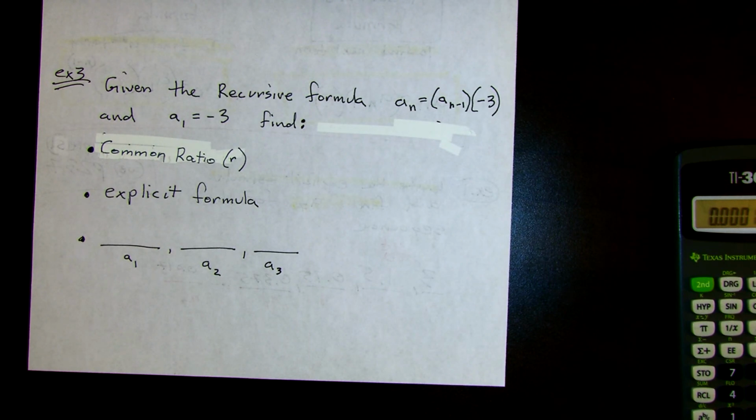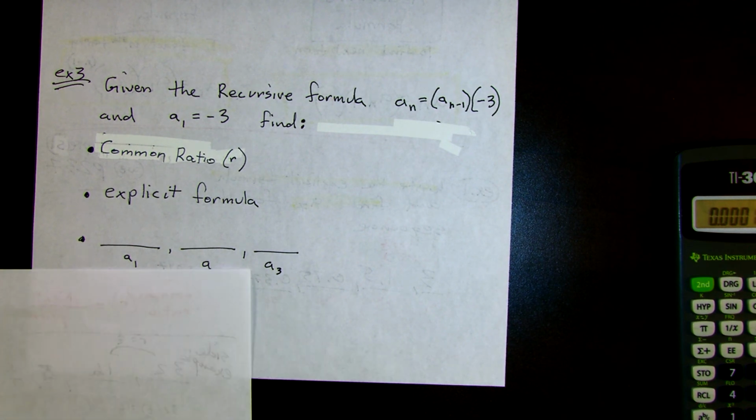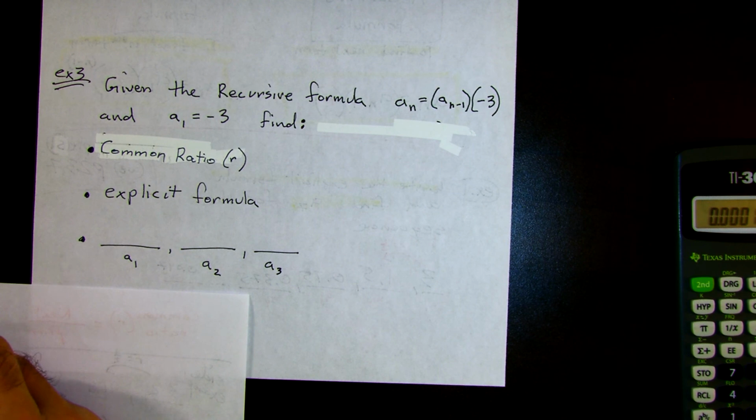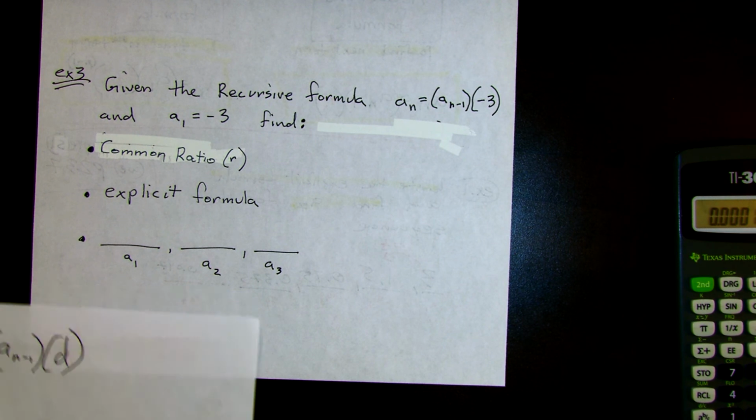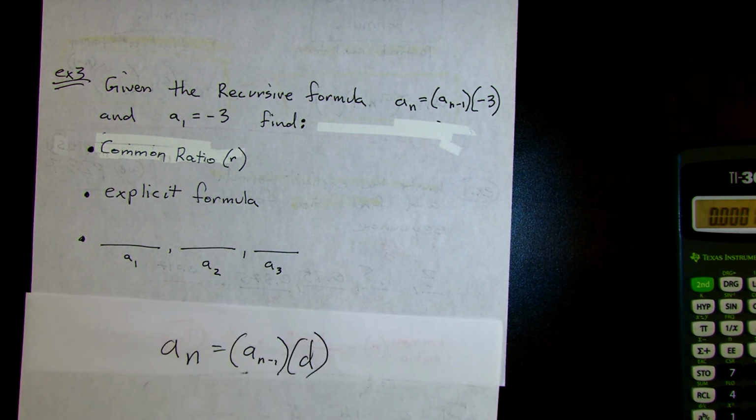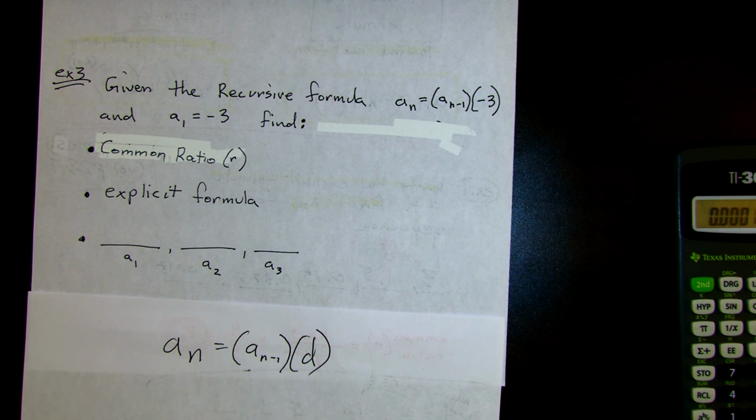It's going to be helpful, first off, to have that recursive formula ready to go. I'm going to write it here and remind you, the recursive formula is a sub n is equal to a sub n minus 1 times d. We're accessing what we know, the map of our recursive formula, to pull information out. So we need to know the common ratio.